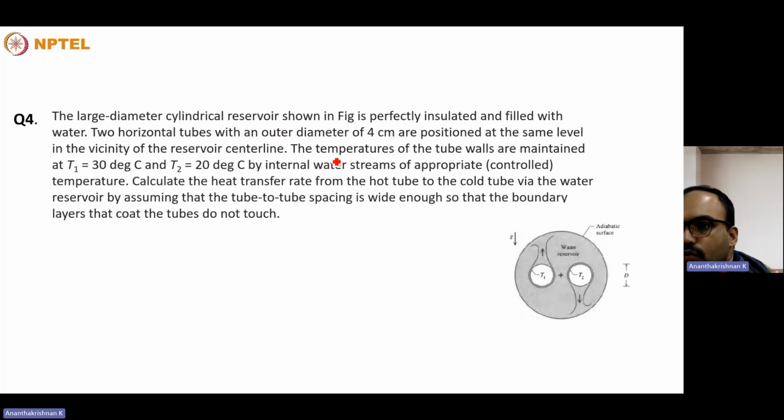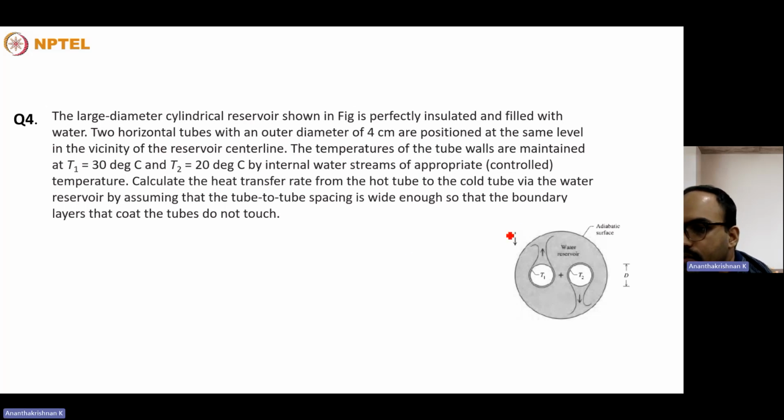The temperatures of the tube walls are maintained at T1 equal to 30 degrees Celsius and T2 equal to 20 degrees Celsius by internal water streams of appropriately controlled temperature. Calculate the heat transfer rate from the hot tube to the cold tube via the water reservoir by assuming that the tube to tube spacing is wide enough so that the boundary layers that coat the tubes do not touch.